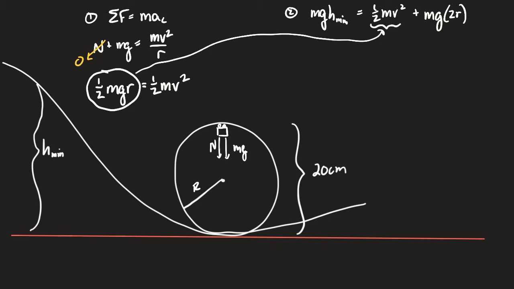Now, I know some of you have a difficult time following this kind of math, and there's a reason why I want to walk through it this way. No numbers, just using these symbols. I'll get mgh min equals 1/2 mgr plus 2 mgr. Now, all of you are adequate and sometimes above adequate algebra students.